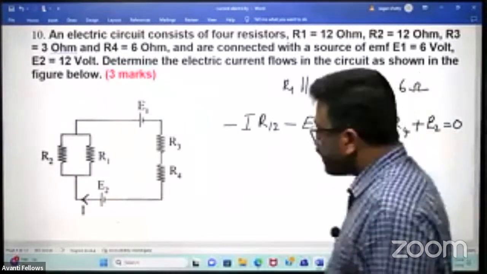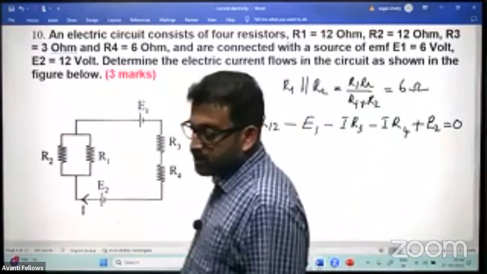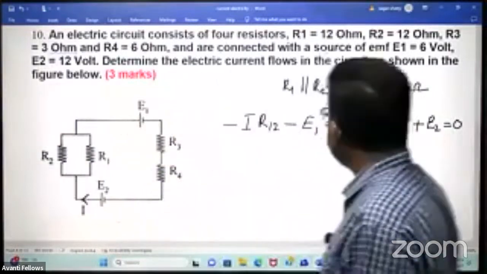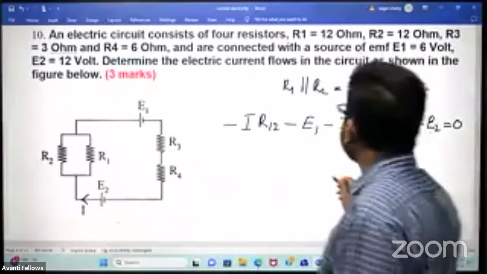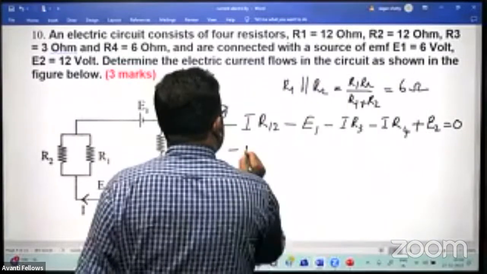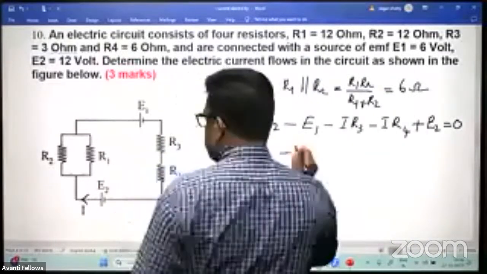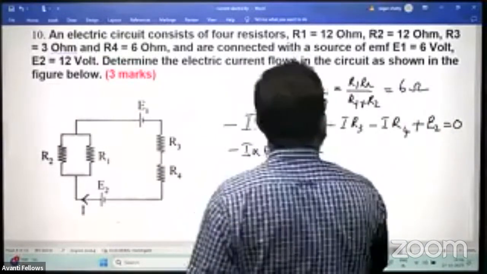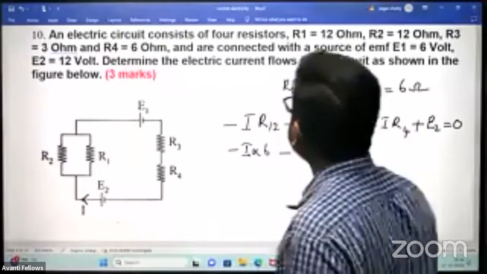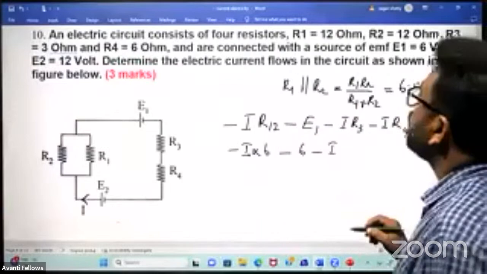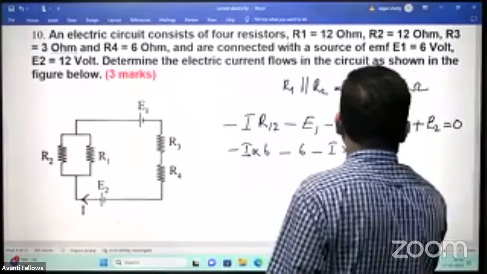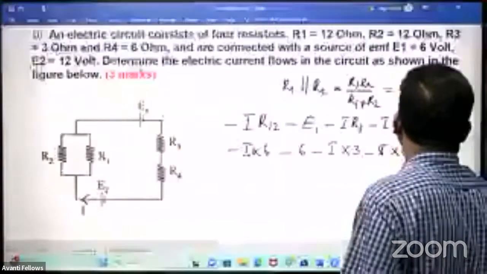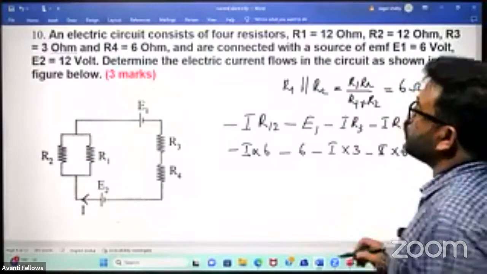From this equation, you can solve out the value of current I. When you solve it, the value of R12 is 6. So minus I multiplied by 6, minus E1. E1 is 6 volt, minus I multiplied by R3. R3 is 3 ohm, minus I multiplied by R4. R4 is 6 ohm, plus E2.